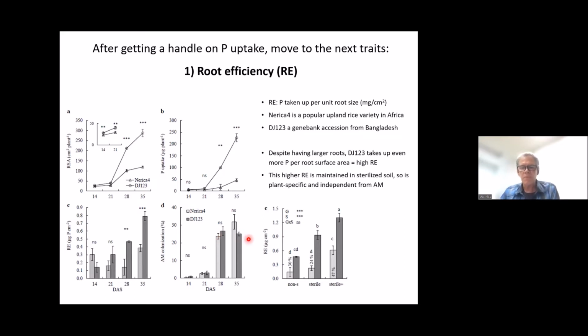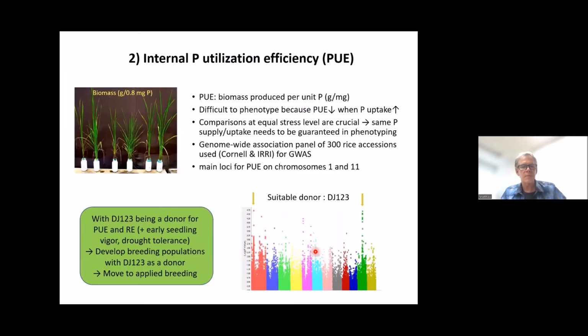And then we confirmed that mycorrhiza are not responsible for this root efficiency effect by growing plants in sterile soil. You can clearly see that DJ, the dark bar, is far superior in efficiency compared to NERICA. So this was another encouraging result: we have a donor in breeding that has an efficiency trait in terms of nutrient uptake.